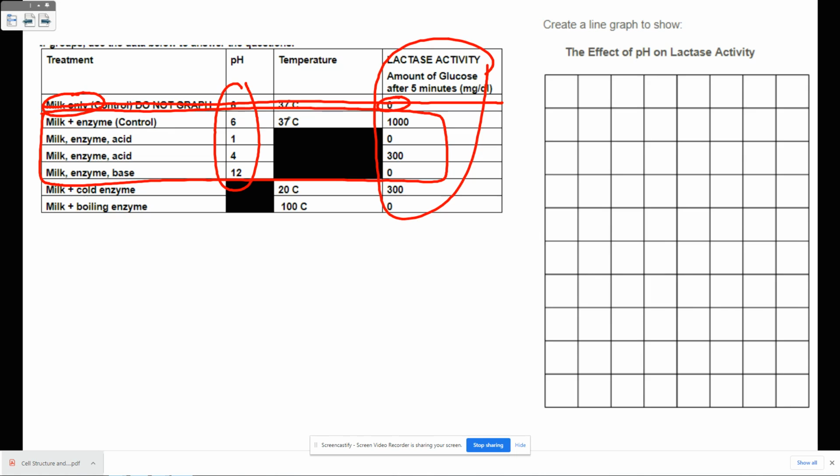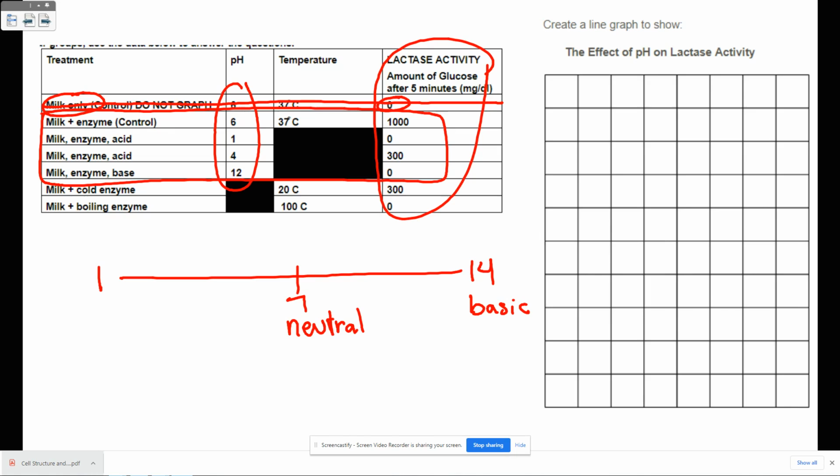Now, line graphs usually show change over time, but they can also show change over a range. And pH is a range. pH ranges from 1 to 14, where 7 is considered neutral. 14 is highly basic or alkaline, and 1 is highly acidic. Our stomach is at about a 1.5.